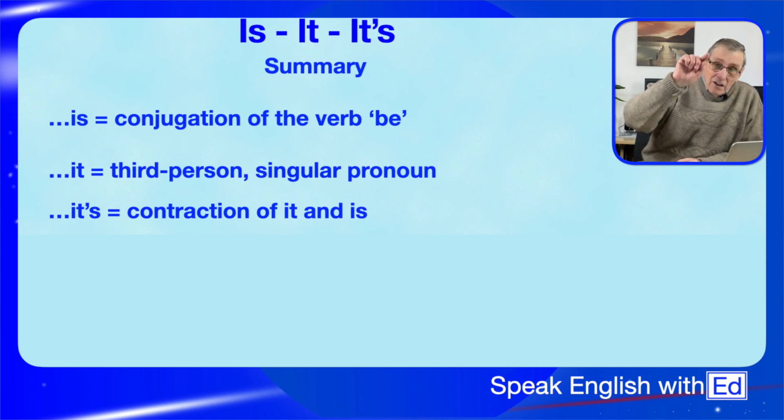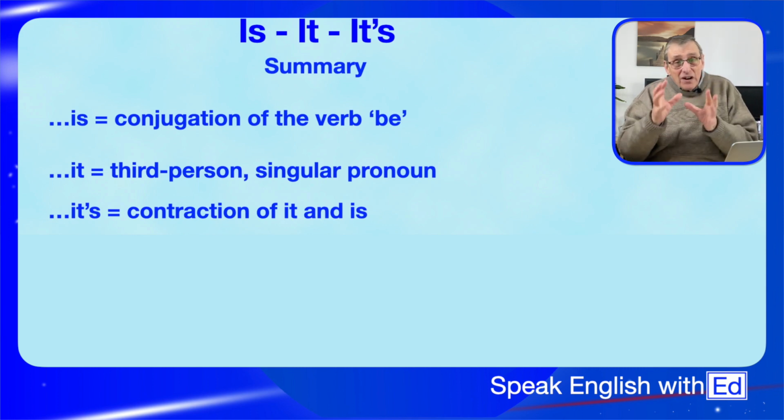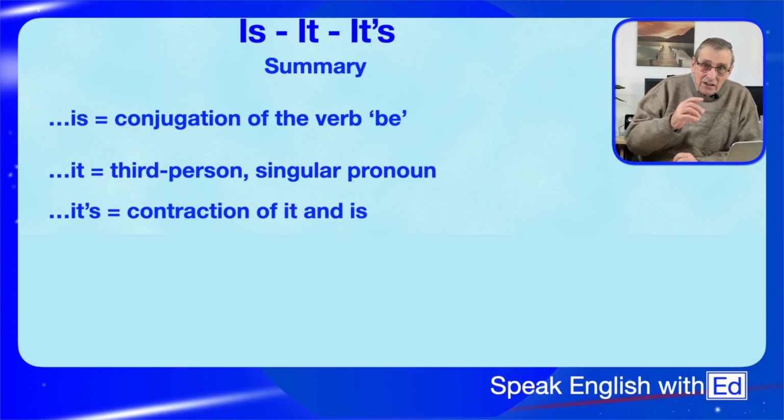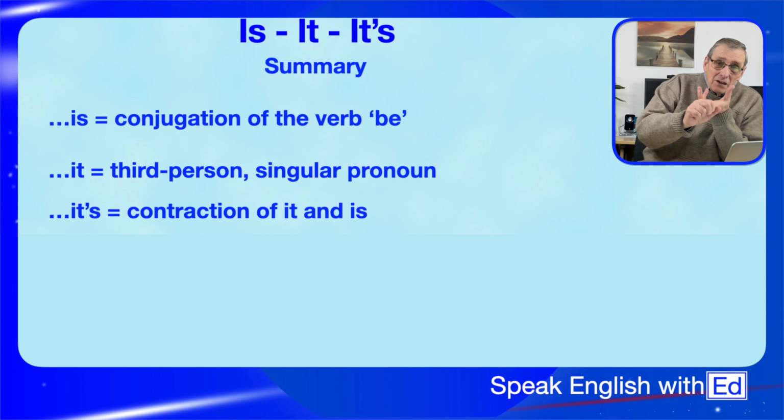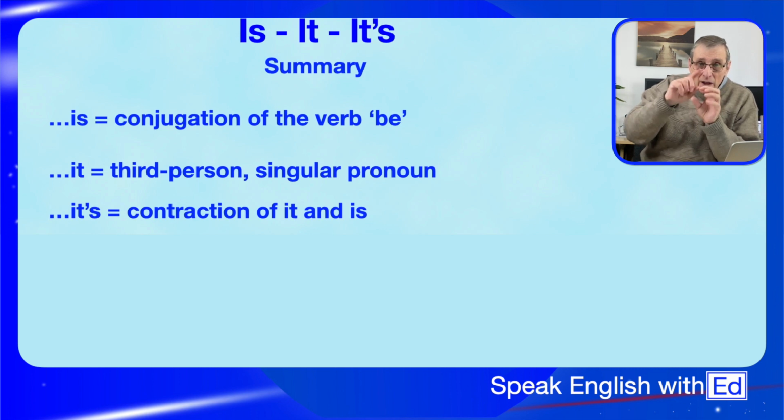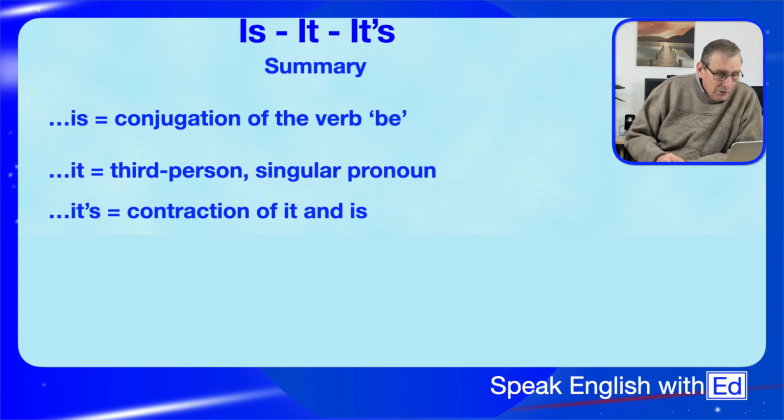"It's" with an apostrophe is a contraction of "it is", right? We're talking about joining two words together. Whenever you see a word with an apostrophe like that, it's either going to mean it's possessive or it's two words joined together, depending where it is and what you're talking about.